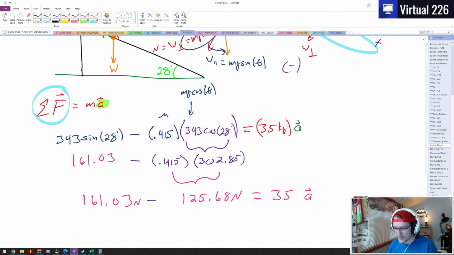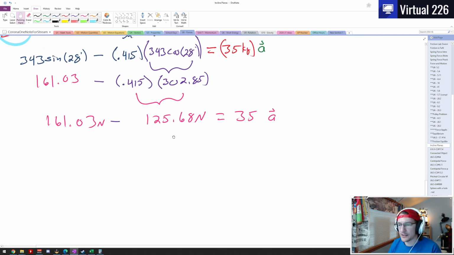Now, to solve this, I just need to subtract the 161 and the 125, and then I can do a little bit of division. So 161.03 minus 125.68 gives me 35.35 newtons, and that's going to equal 35 kilograms multiplied by an acceleration.